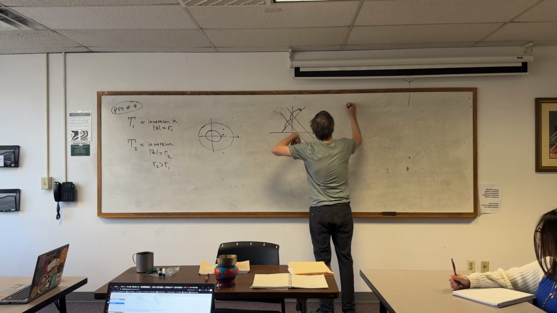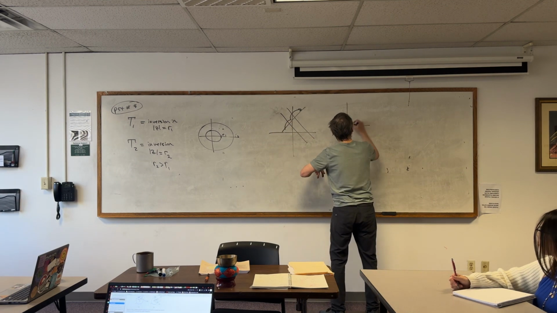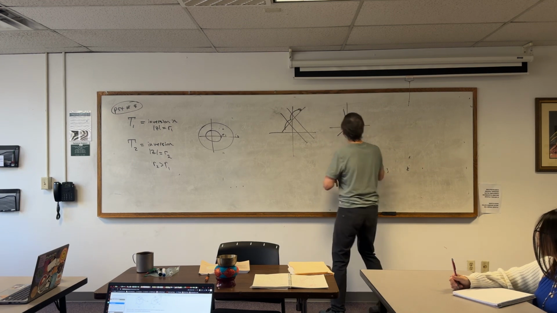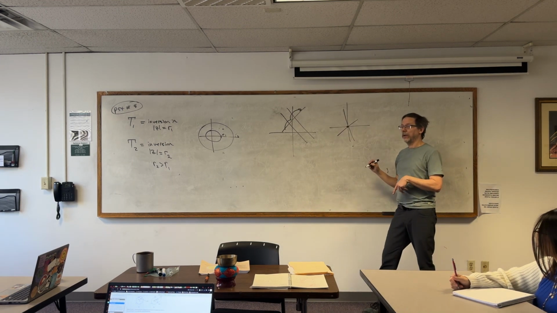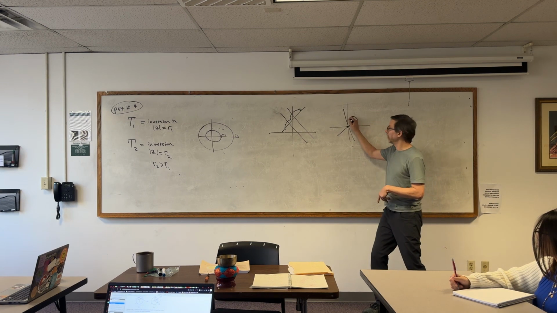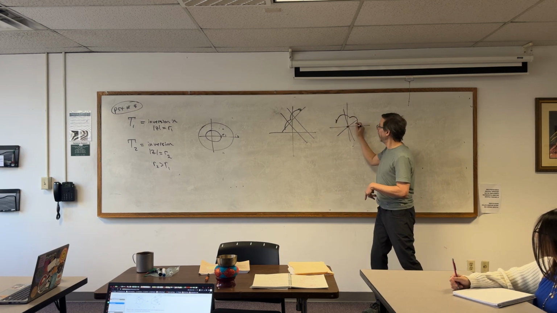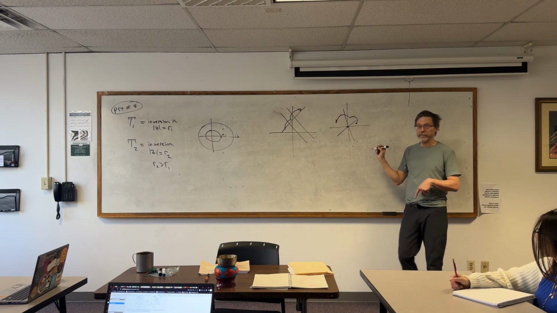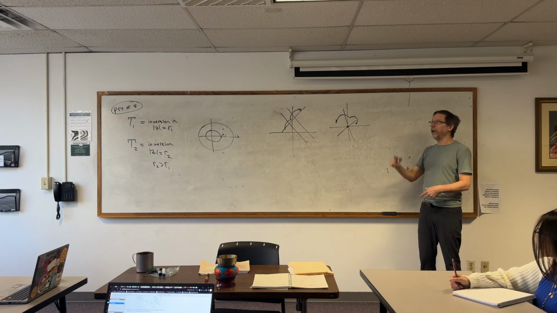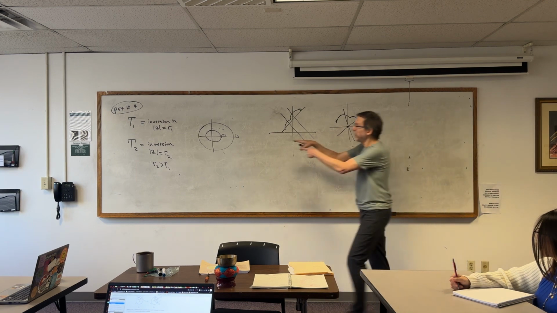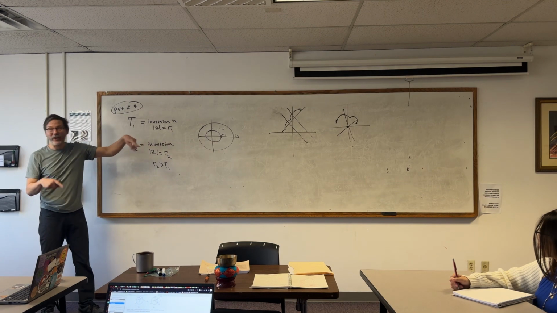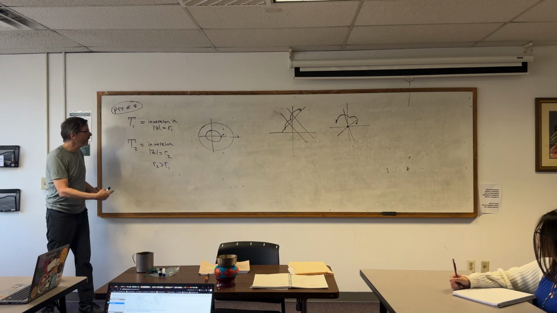If I reflect over two lines that intersect at the origin, what do I get? A rotation. So translation is two reflections, rotation is two reflections. This is saying scaling is two reflections, just over circles.